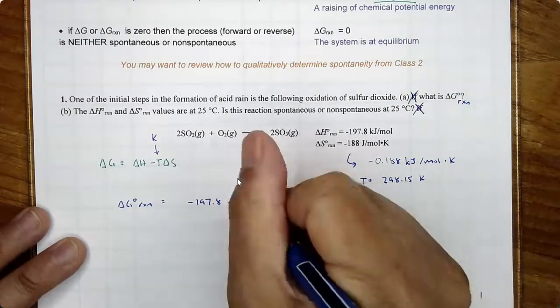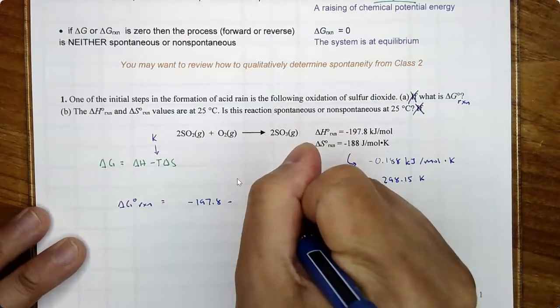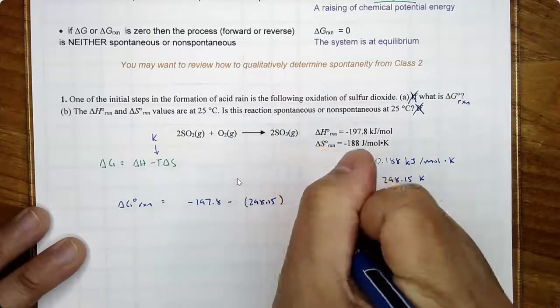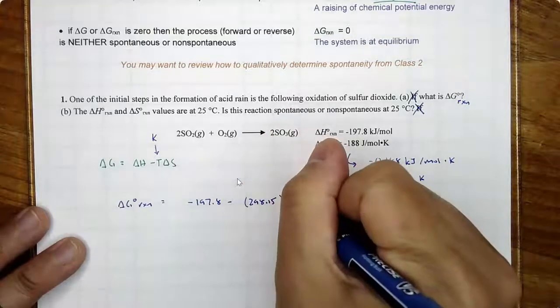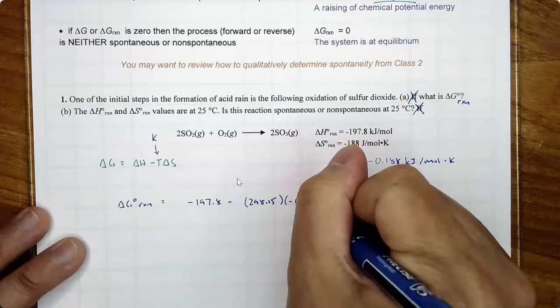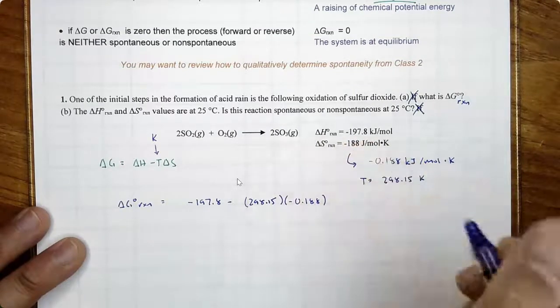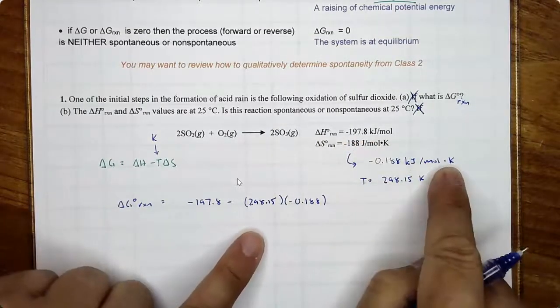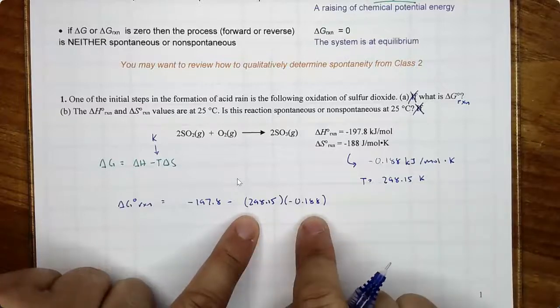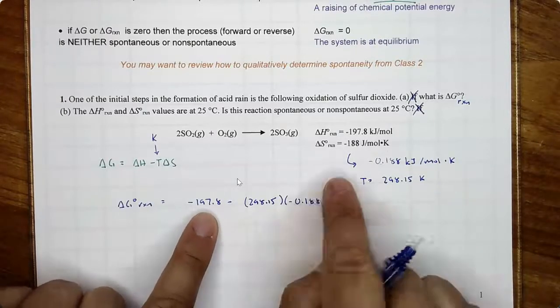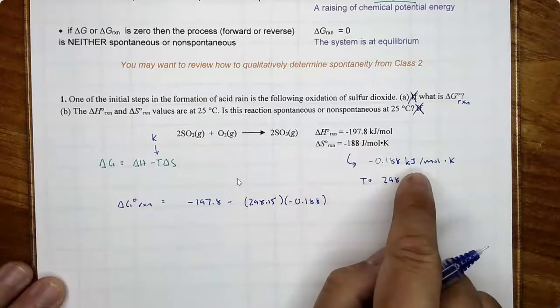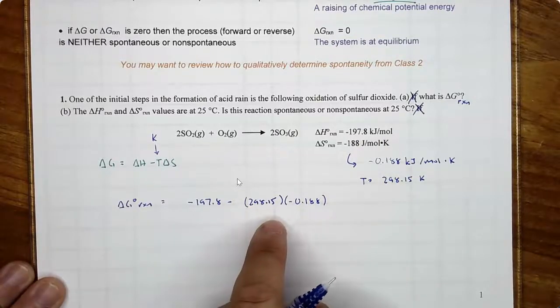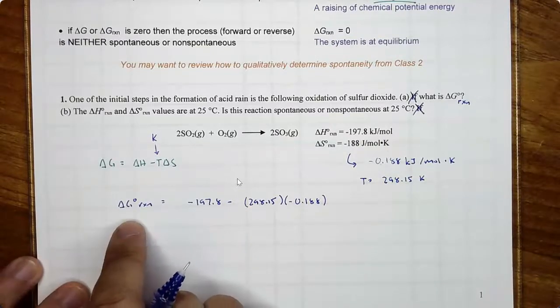Just double check the K will cancel out when you multiply these two, and then kilojoules per mole minus kilojoules per mole will give us the answer in kilojoules per mole.